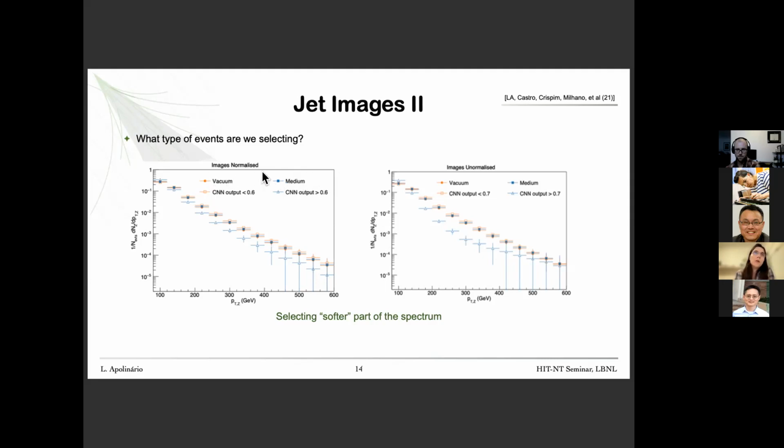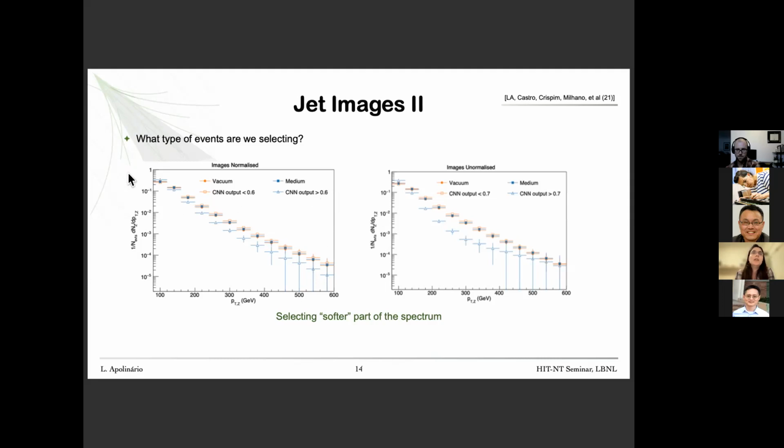The solid lines, the solid markers, correspond to the reference provided by Monte Carlo, that is Jewel vacuum and Jewel medium, while the open symbols refer to the outputs that the neural network classifies as vacuum-like, that is below the threshold that I put in the previous images, and what the neural network thinks is medium-like, that is with this output above this threshold. So in this case, 0.6 and again 0.7.